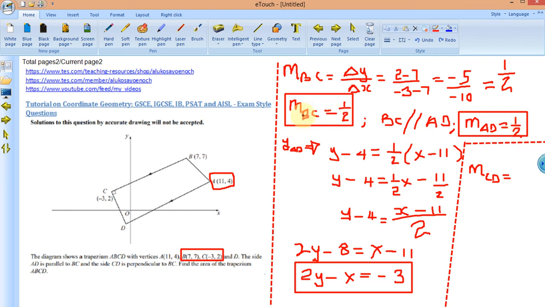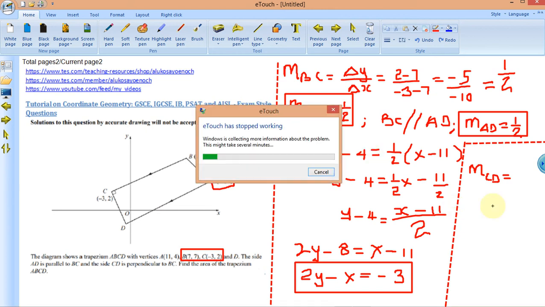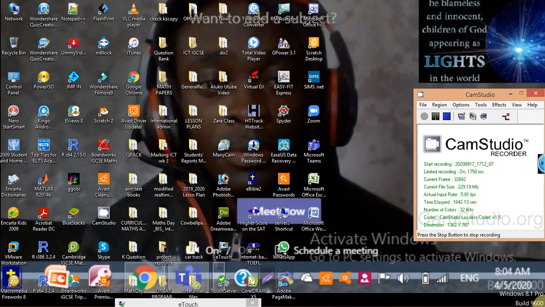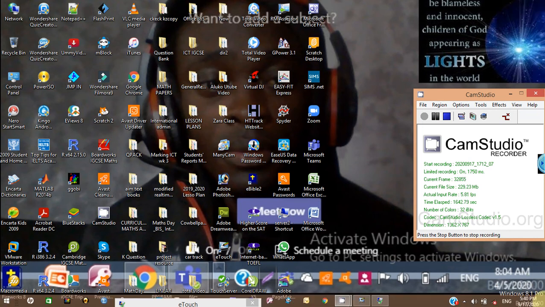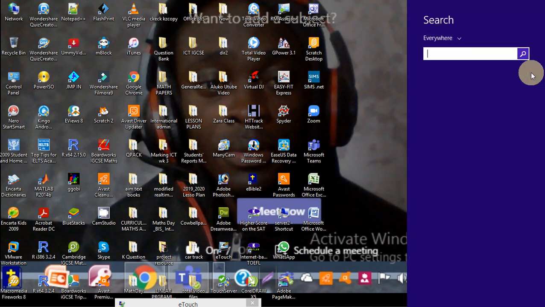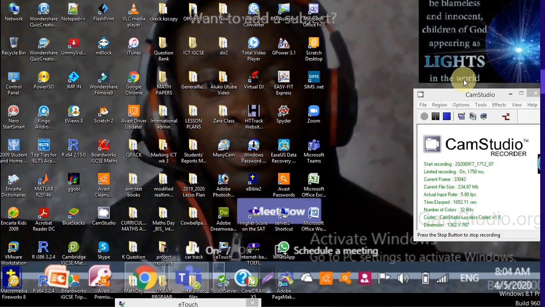That is minus 1 over half. At this point my e-board is misbehaving, and I don't want to lose track of the question I'm solving, so let me use Lightshot to take a screenshot of that page and continue from there.